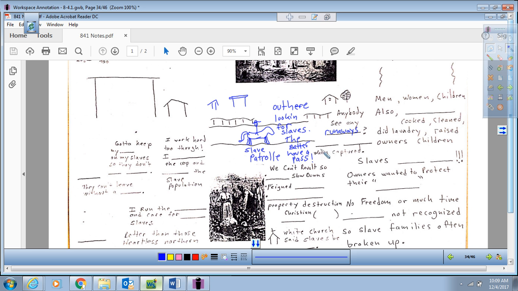And of course, if a slave ran away and was captured, there would have been harsh punishment for the slave, in the form of whipping or something.